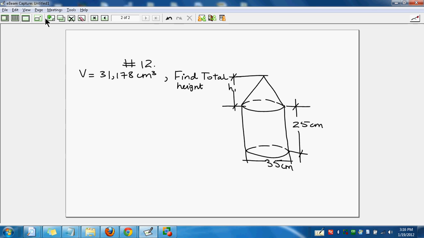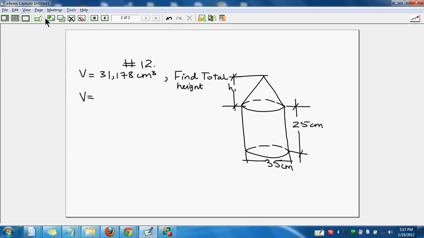Good? Now what do we have? We have the volume. So we need to find an equation that connects the volume, which is the total volume here of the bird cage, with the missing height, and then we solve for that. So the total volume V of this bird cage will be equal to the volume of the cone plus the volume of the cylinder.